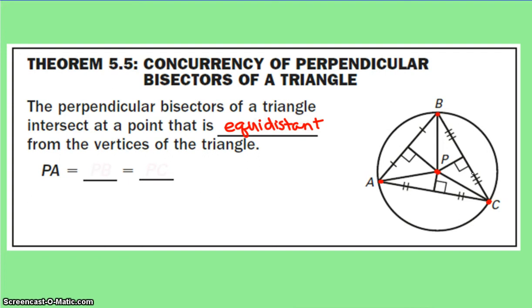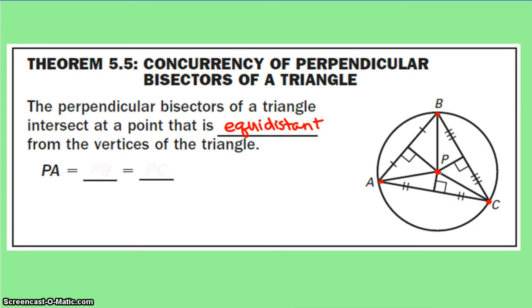Now you'll notice that there's a circle drawn around here. What that means is that P is actually the center of the circle that is circumscribed around the triangle. Okay? That means that BP, AP, and PC are all radii, and we know that radii have to be of the same length.